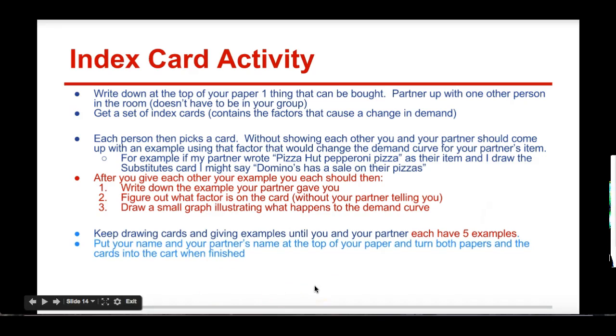Make sure that when you're done, you put your name and your partner's name on your paper, and then you can turn both of them onto my desk, into the tray where you would normally put your stuff. Then I will read through what you wrote, and when we come back to class on Wednesday, because that's the next time I will see you, I will pass all of those back.